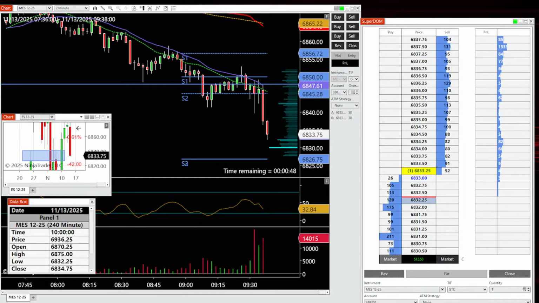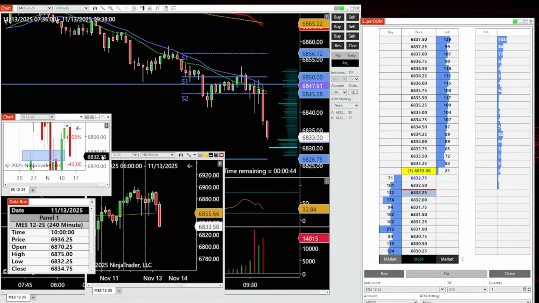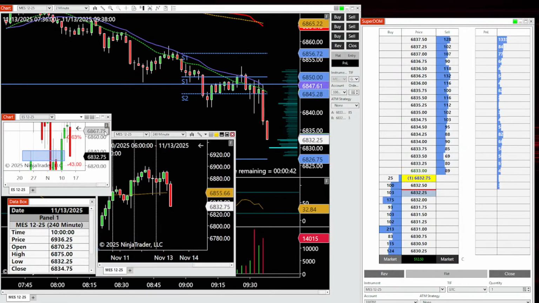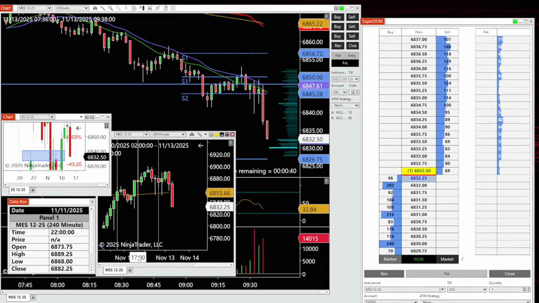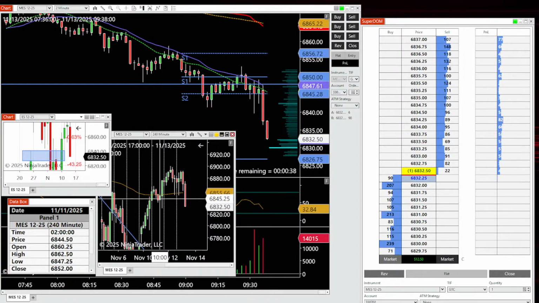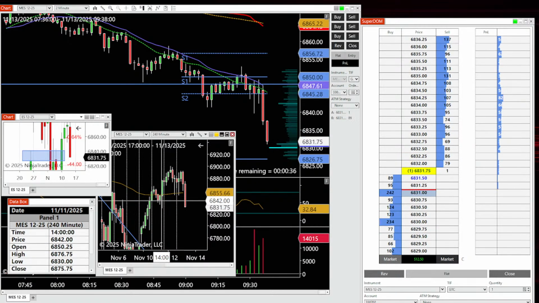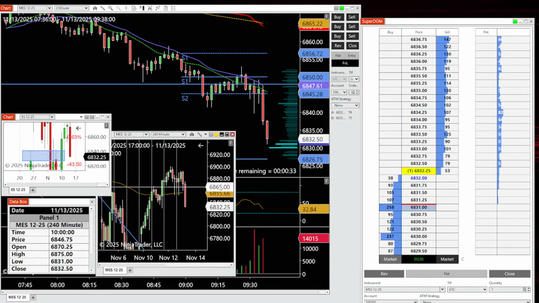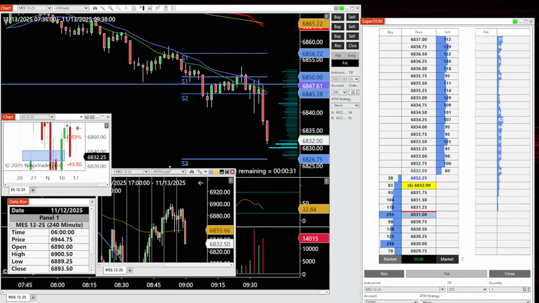I don't know where my other 4-hour chart is. I had it up here. Let me bring this here. Coming down to test this 30. And I'm just not in it.